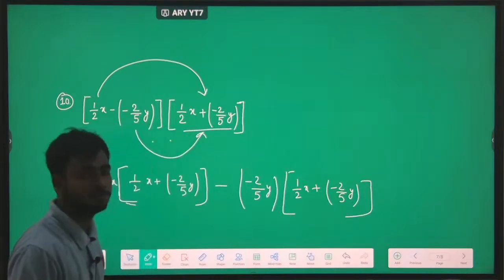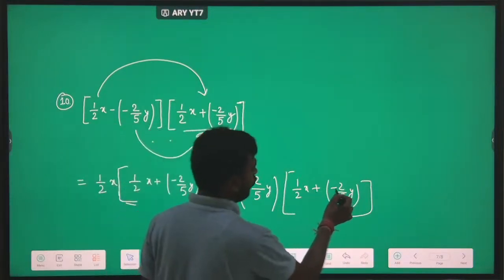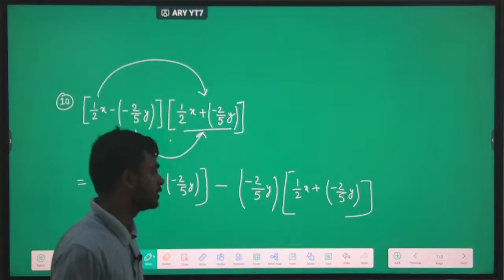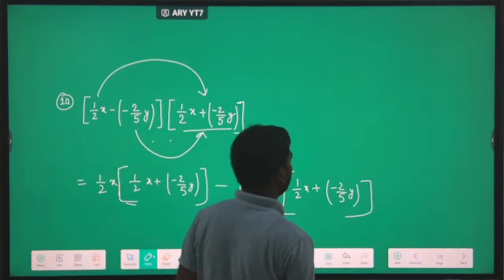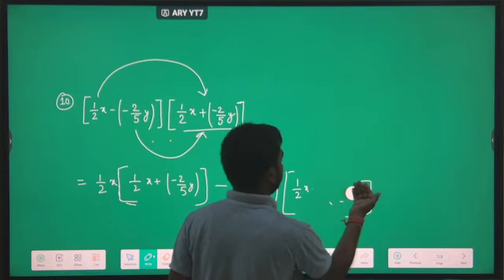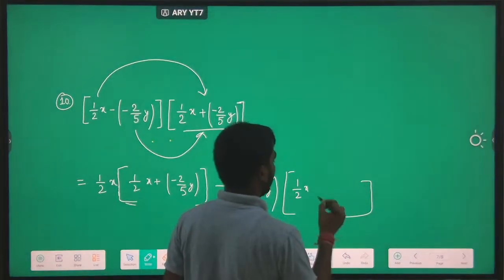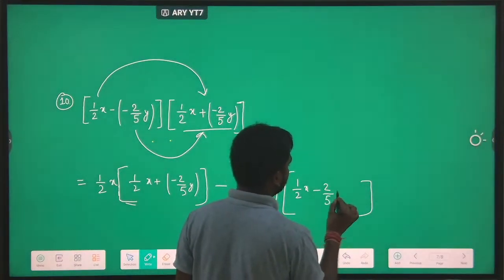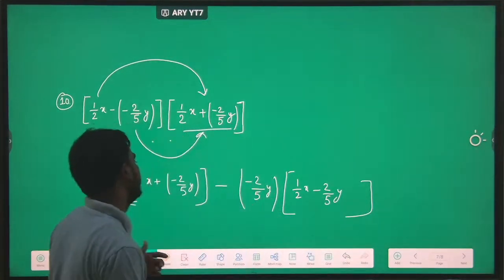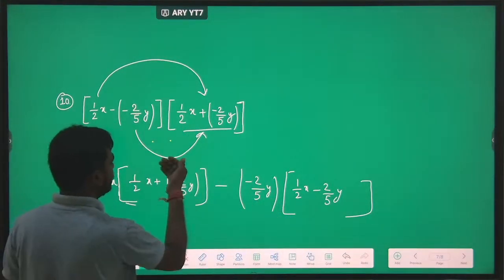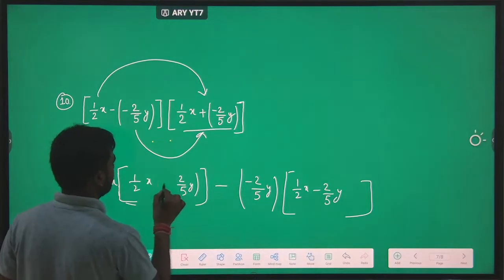Okay. Now, plus into minus is what? Minus. So it will be 1 by 2x minus 2 by 5y. Similarly, here it will be minus 2 by 5y.